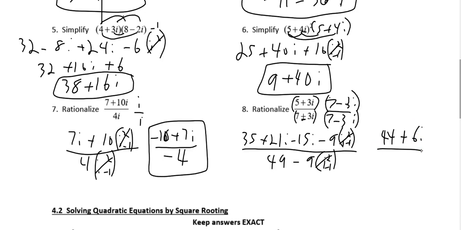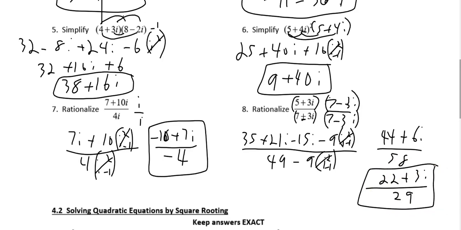And on the bottom, 49 plus 9 is 58. Now notice all of these numbers are even, so I can divide all of them by 2. So that's going to give me 22 plus 3i over 29. That is my reduced final answer.